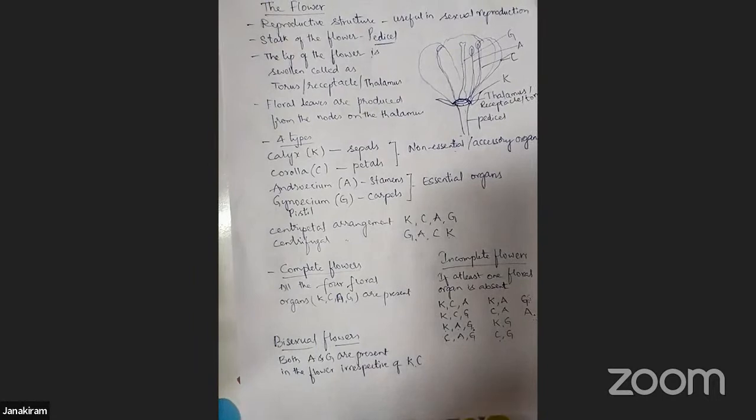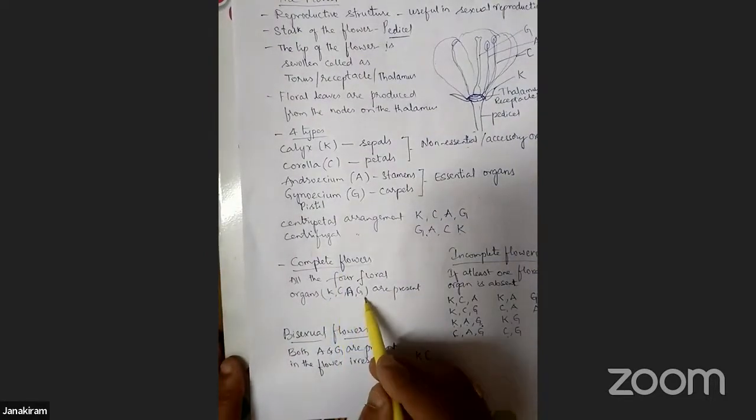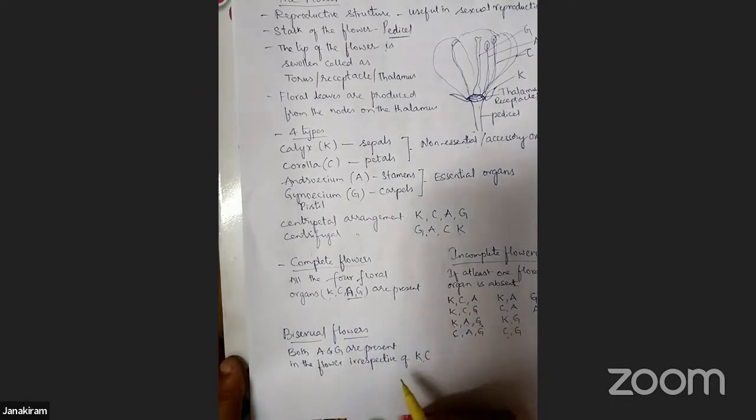So they are not concerned with the presence and absence of calyx and corolla. Only the presence and absence of androecium and gynoecium matters. So for example, in the complete flowers, we had shown K, C, A, G. All the four are present. So at least these two are present. That's why we consider it a bisexual flower.